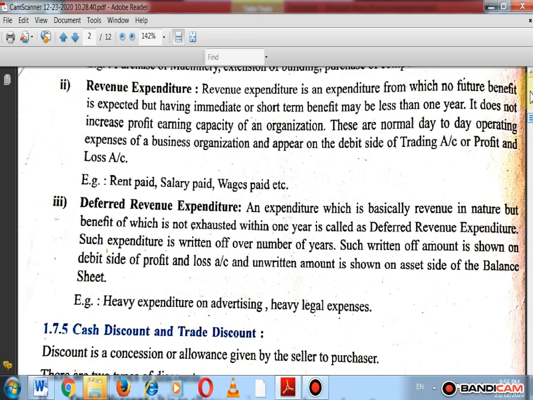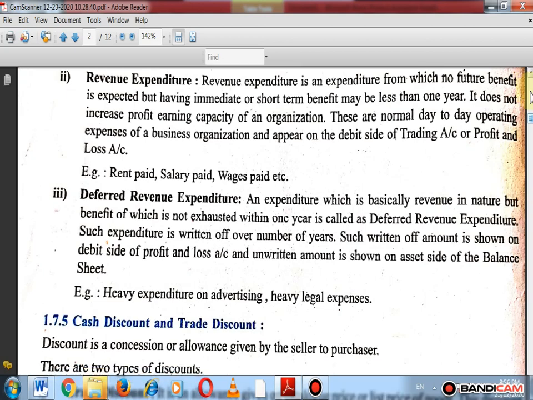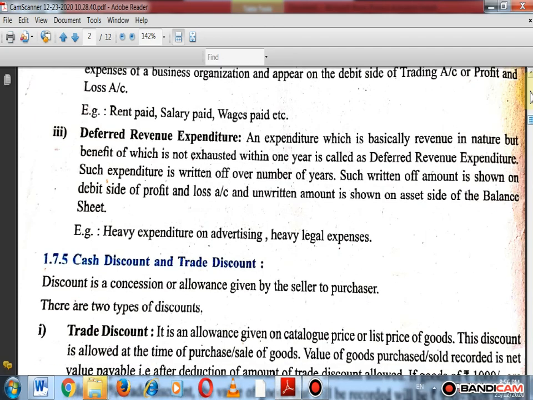For example, preliminary expenses, advertising. It is written off from the profit of the organization, and the unwritten amount is shown on the asset side of the balance sheet. These are known as deferred revenue expenditure.